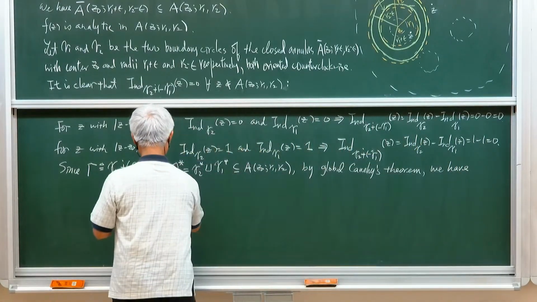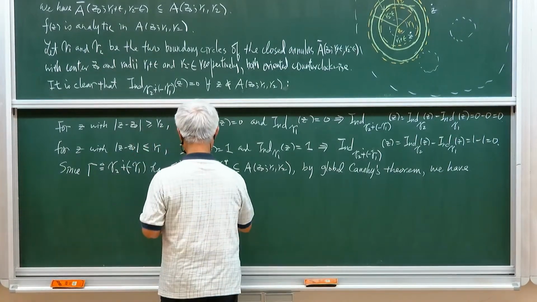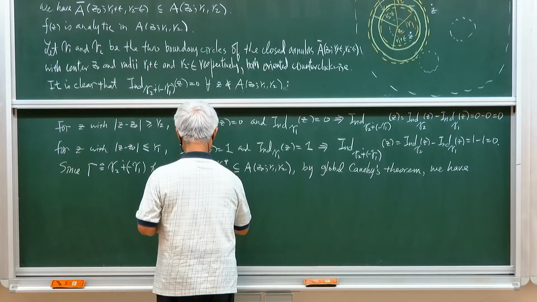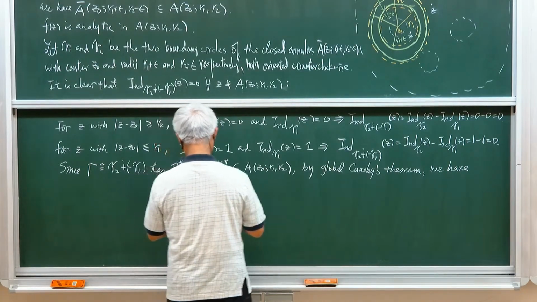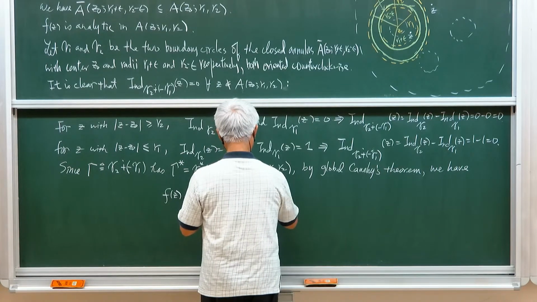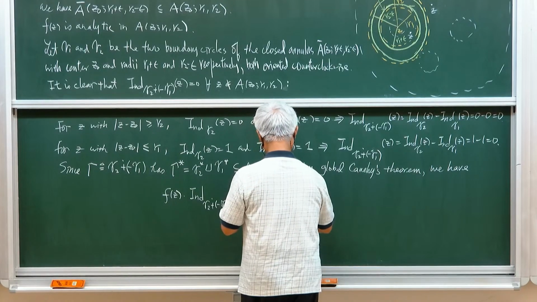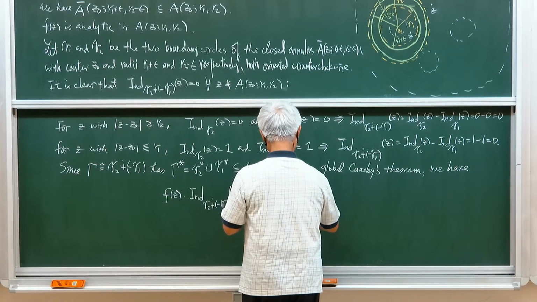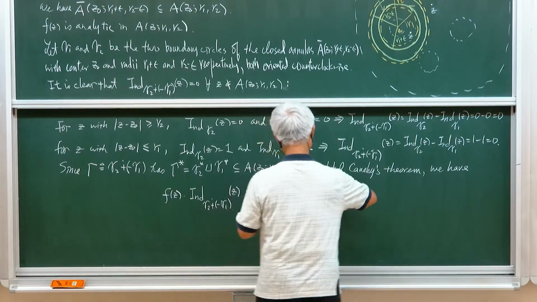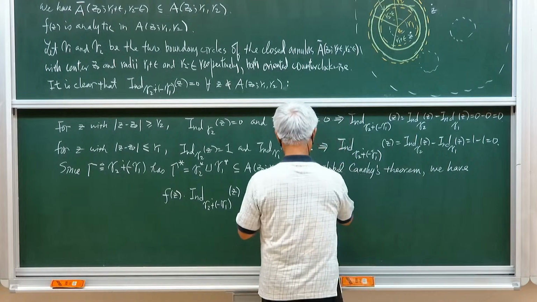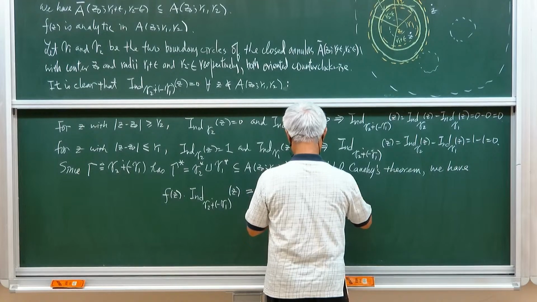that f of z times the index of gamma, where gamma is equal to gamma 2 plus minus gamma 1, of z, is equal to 1 over 2 pi i, integral over gamma 2 plus minus gamma 1 of f of w over w minus z dw.